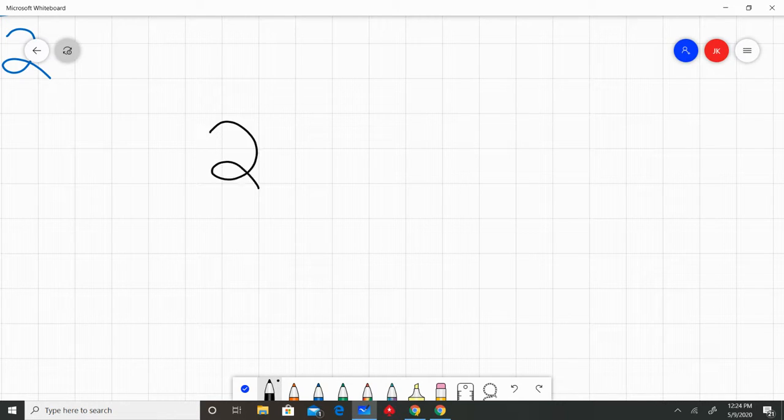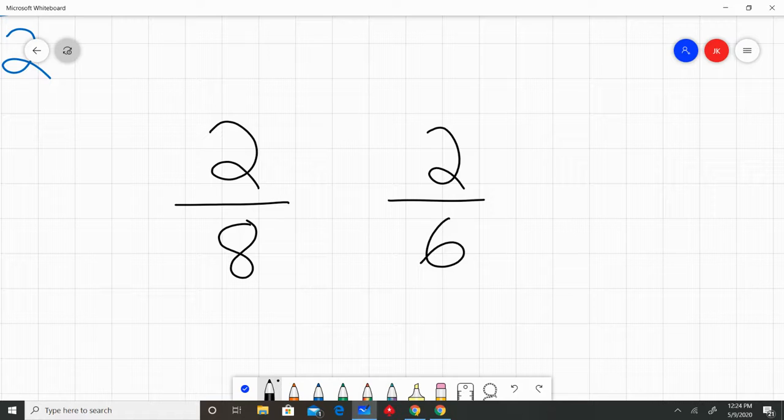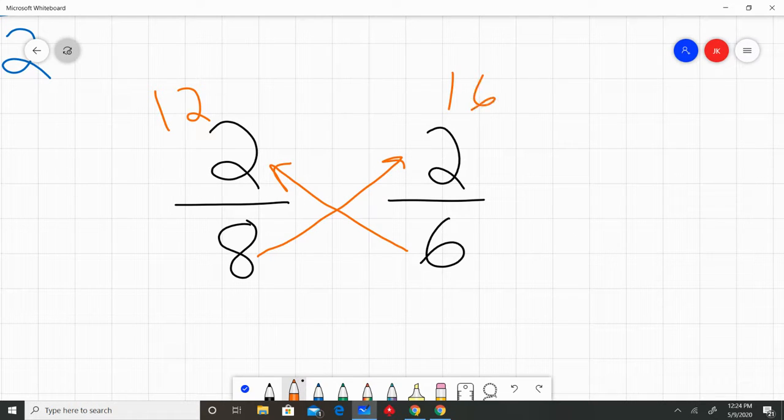All right, I can turn around and if I wanted to do numerators, and if I always got confused with the bigger the denominator, the smaller the fraction, if that confused me when I saw numerators, I can use my cross multiplying for this as well. 2 times 6 is 12. 8 times 2 is 16. 2/6 is greater than 2/8, or 2/8 is less than 2/6.